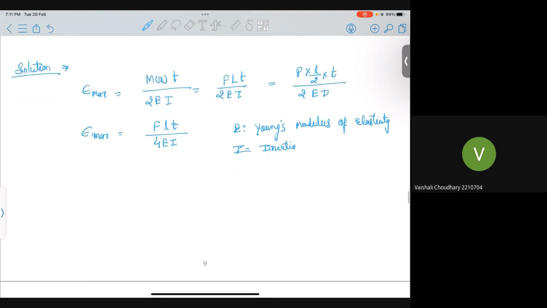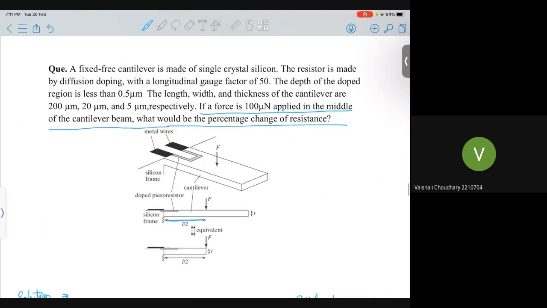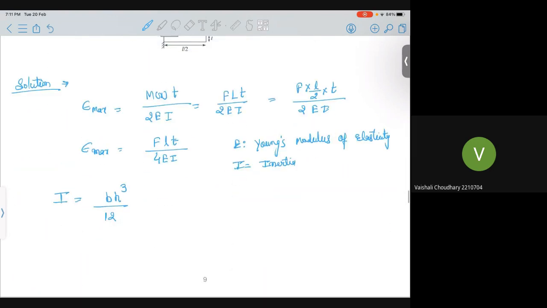So we can calculate the value of I as b h cubed by 12, or if we write it in terms of width and thickness, that would be w t cubed by 12.